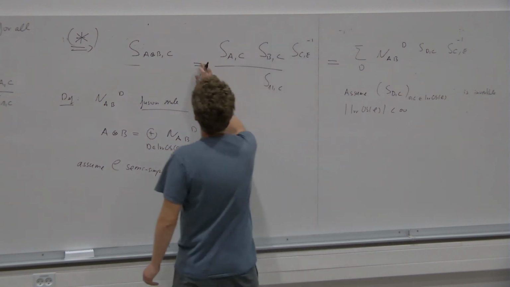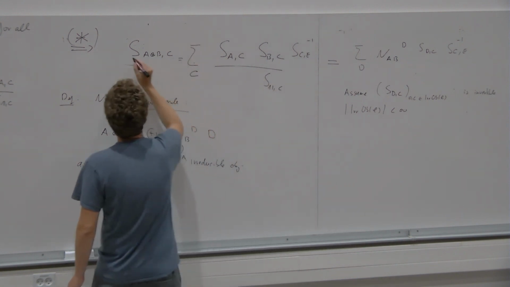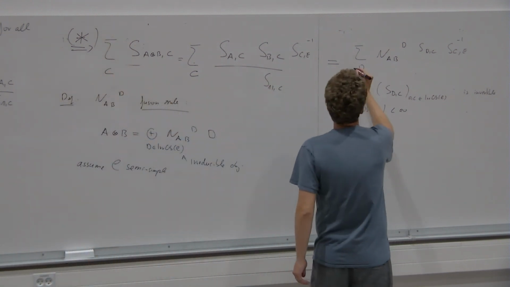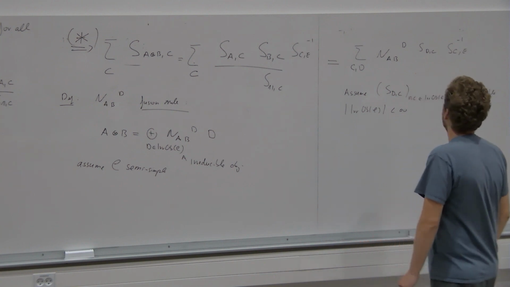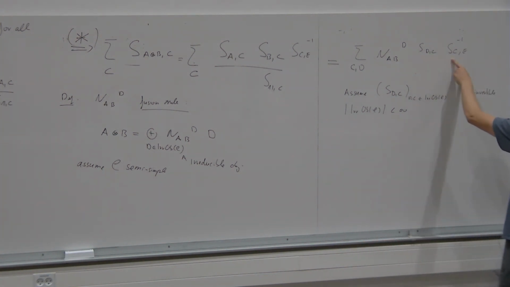And then I can everywhere do a summation over C. But here it doesn't matter really. And then this just becomes a delta d comma e. So this becomes N_ab^e.